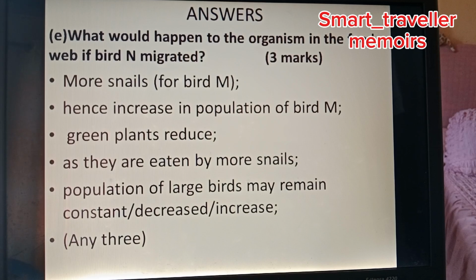Here, because bird M relies on snails, there will be more snails for bird M. Because bird N feeds on snails, there will be more food in terms of snails for bird M. Hence, an increase in the population of bird M. Green plants reduce, because the snails will increase in population as they are eaten by more snails.